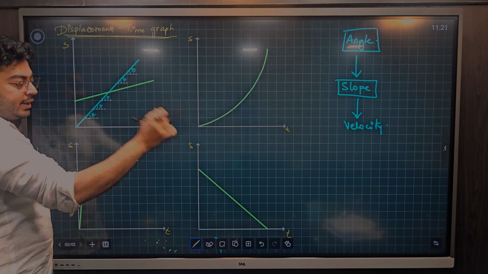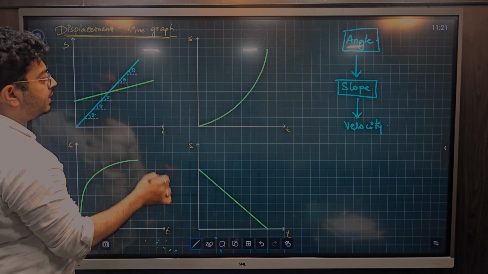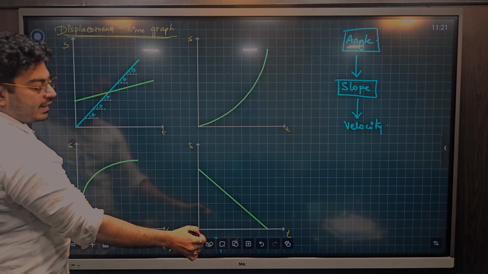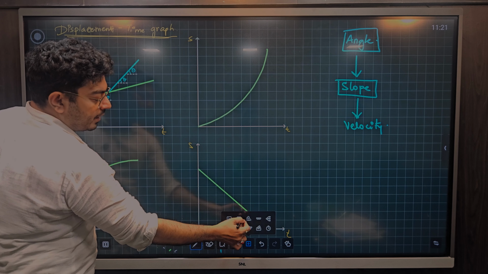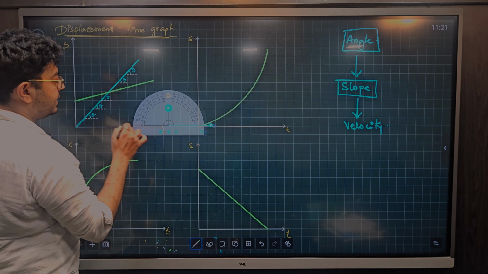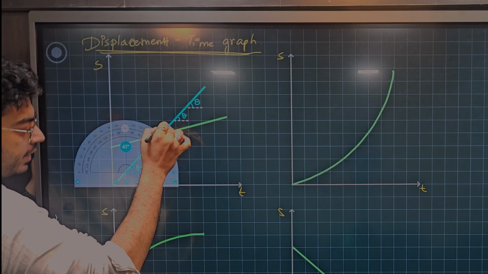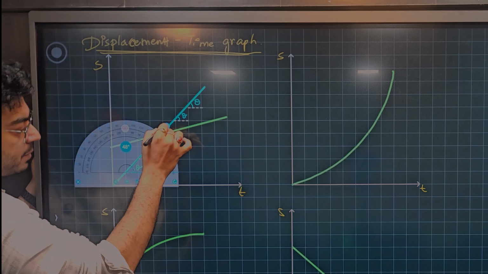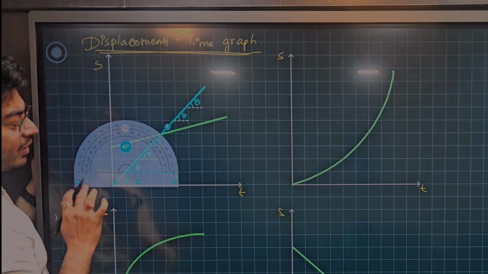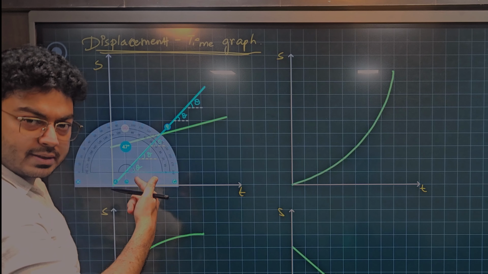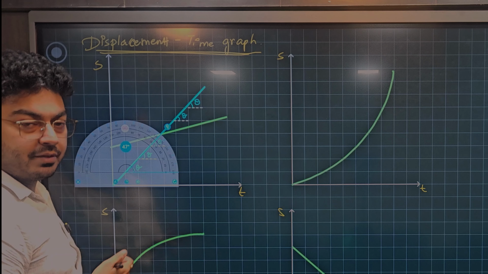Now the blue one, if we want to be very clear over here, if I use a protector, just see, can you see what the angle is? What angle is it making? It is making 47 degrees. Okay, you can see here it is making 47 degrees.